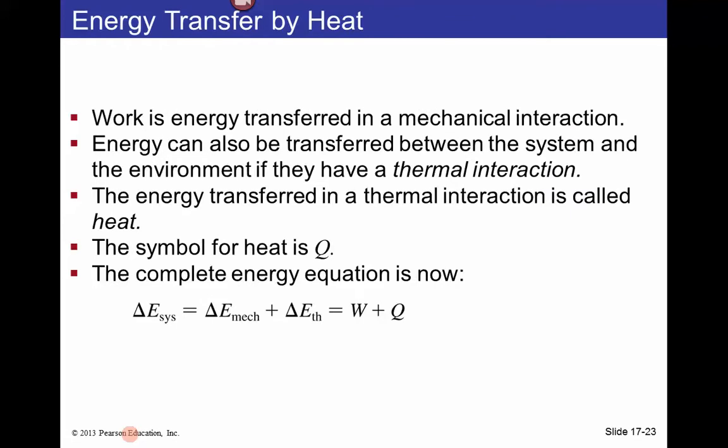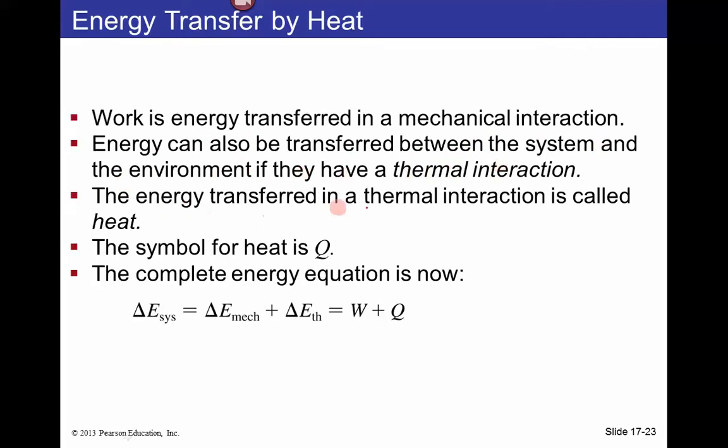Therefore, we can transfer energy to the system in two ways. By doing work, and work is energy transfer in a mechanical interaction, or by thermal interaction. Energy can also be transferred between the system and the environment if they have a thermal interaction.